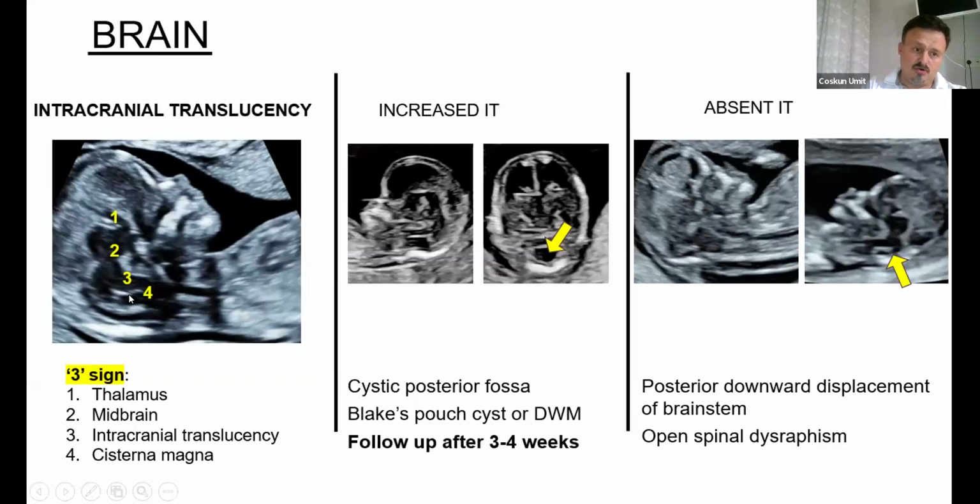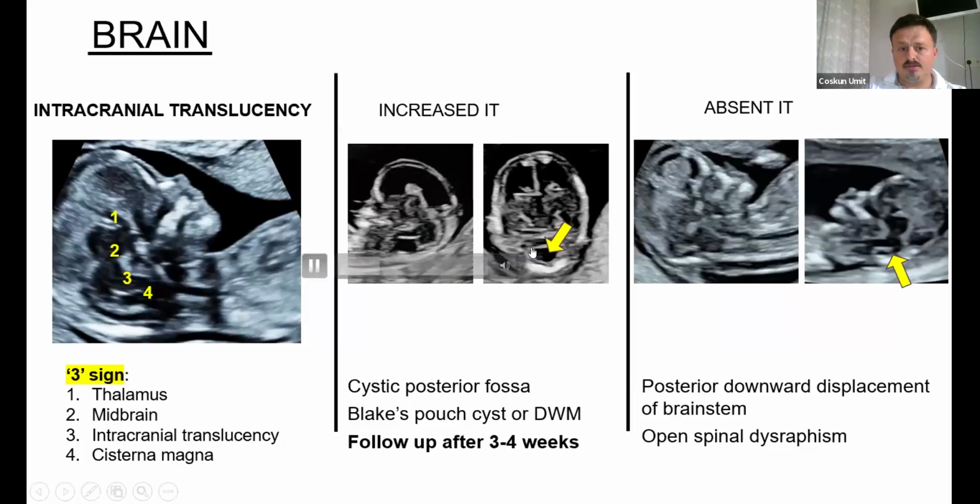So there is no intracranial translucency, a large and thick brainstem, and then some changes like the crash sign, changing the frontal angle of the baby. So this is also IT, which can be increased, like this example.